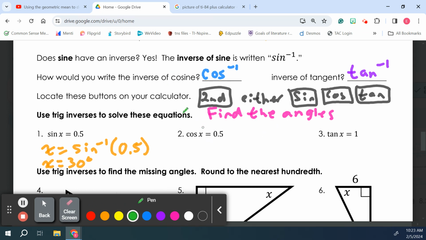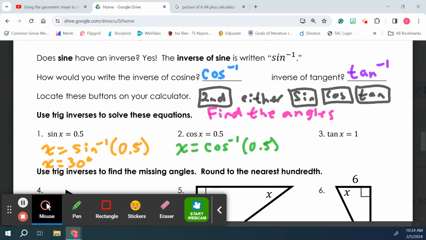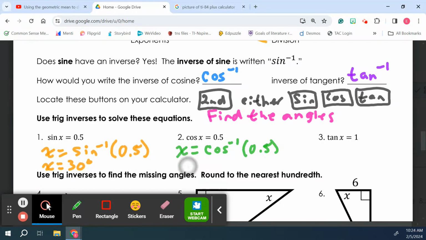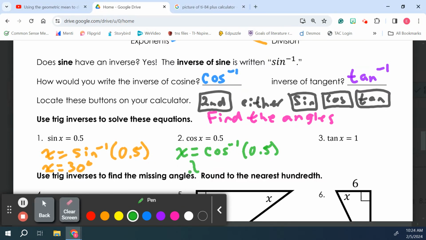All right, let's take a look at this one. So this one is going to be x equals the inverse cosine of 0.5. Put that in your calculator. Yana, what do we get? 60 degrees. Nice job.